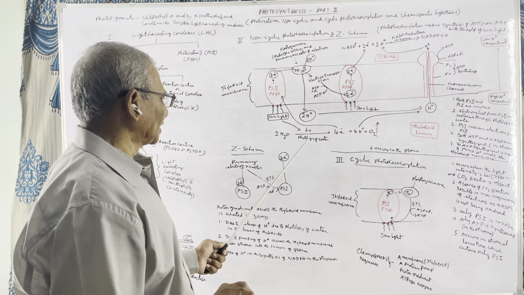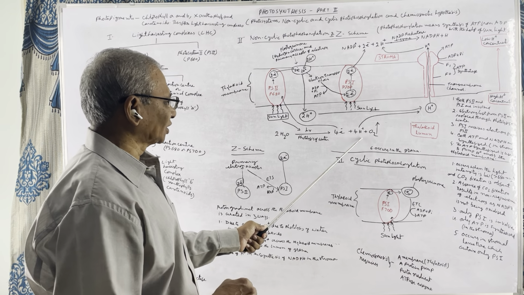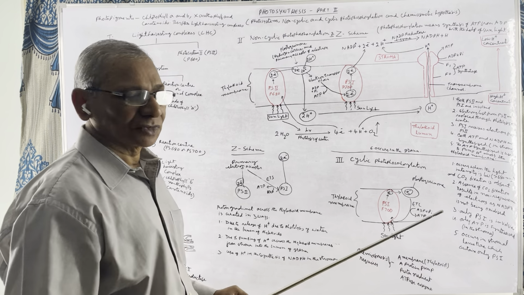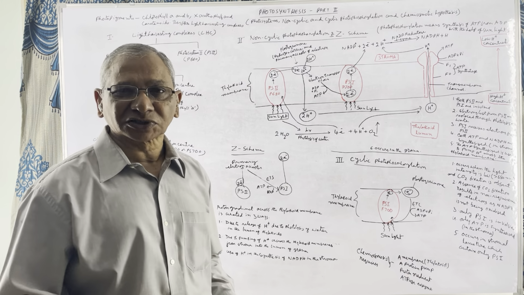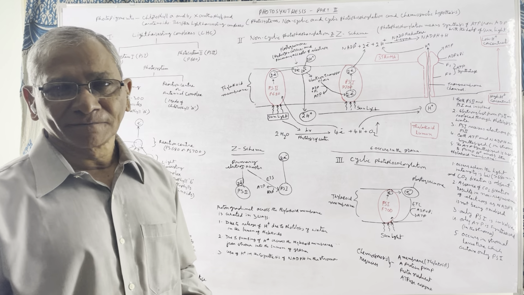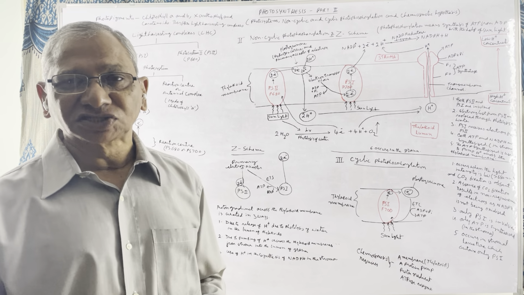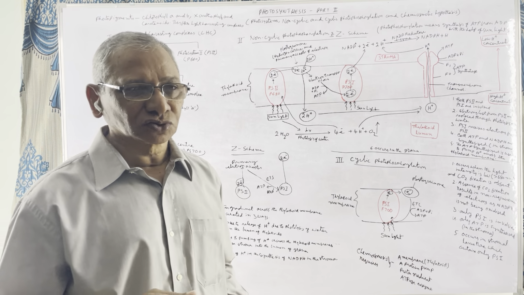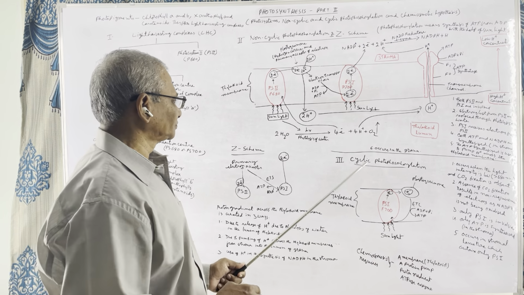So in this way, dissociation of water produces electrons, hydrogen ions, and oxygen. This molecular oxygen is released into the atmosphere. So in this way, oxygen gets accumulated in the atmosphere and that oxygen is used by various animals and plants for the purpose of respiration.